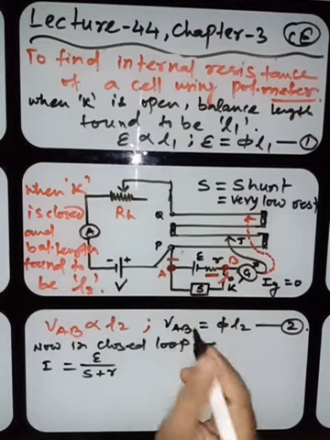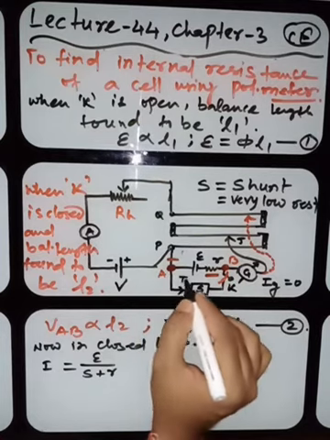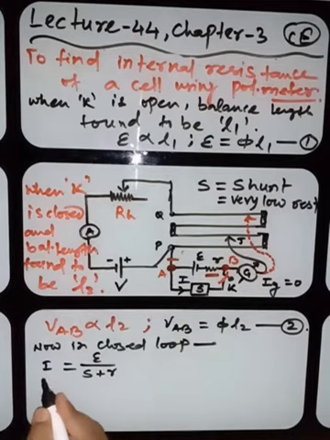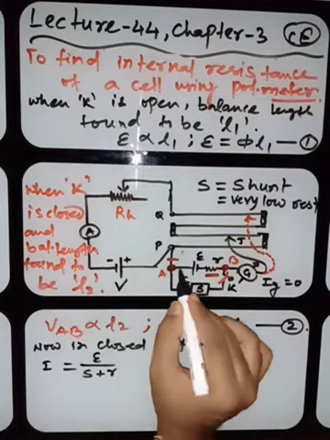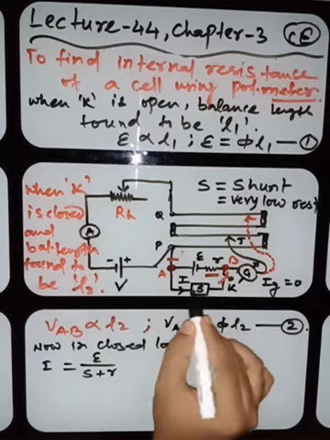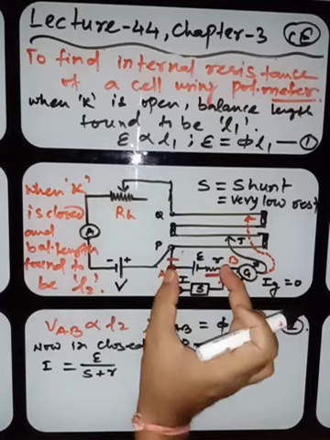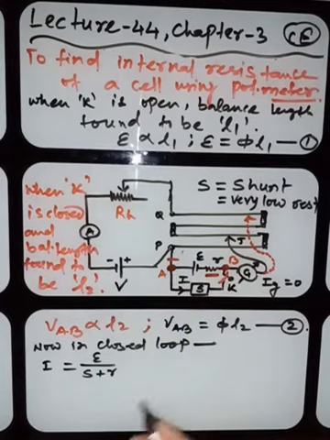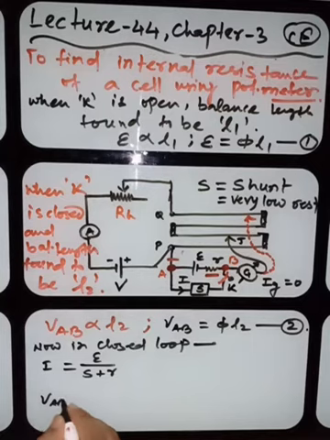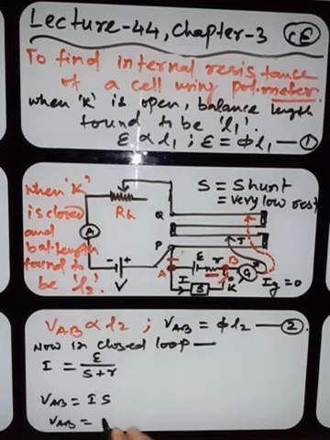You can calculate VAB. Here the current is the same I that we have calculated. This branch and this branch are in parallel, so VAB can be calculated from here as well. VAB can be written as I times S. Now VAB is E by S plus R, times S.